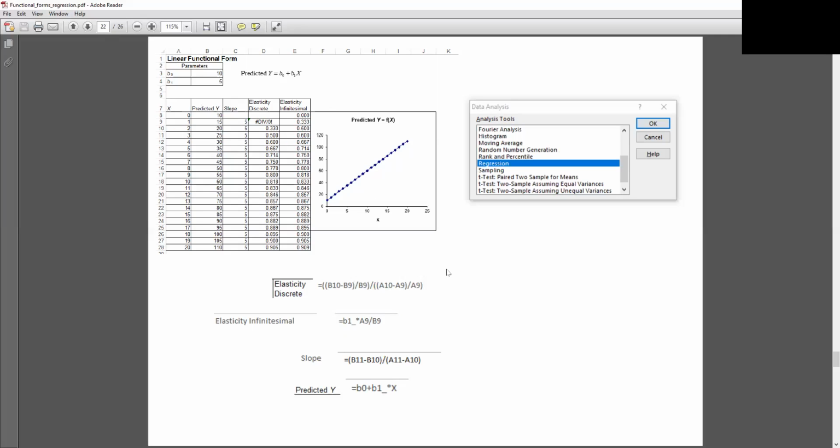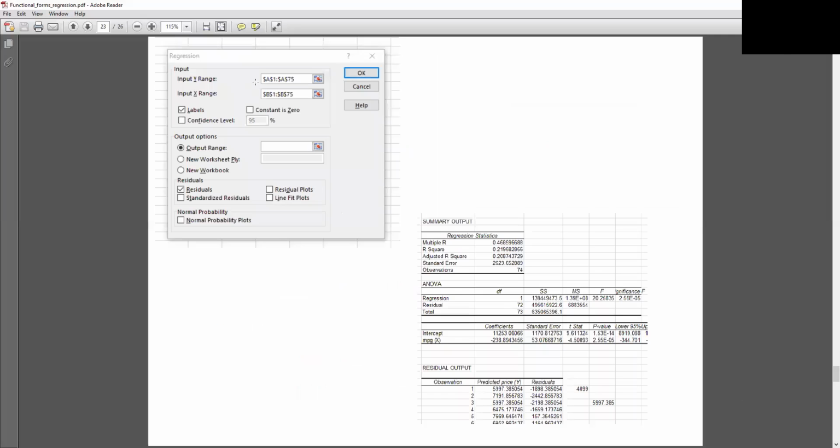But if I'm giving you x and y values, so we have actual values of y and actual values of x, then you can predict the y value by regression. By running regression, you can see here, once this window opens, apart from clicking on the output range, you can also tick residuals.